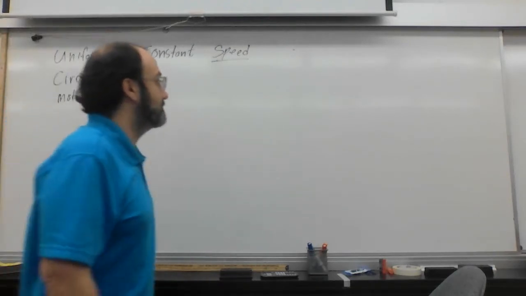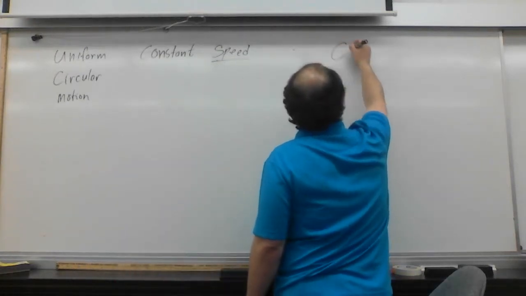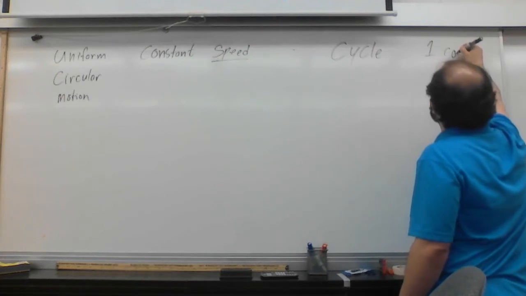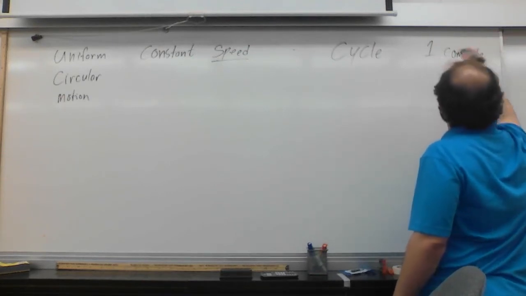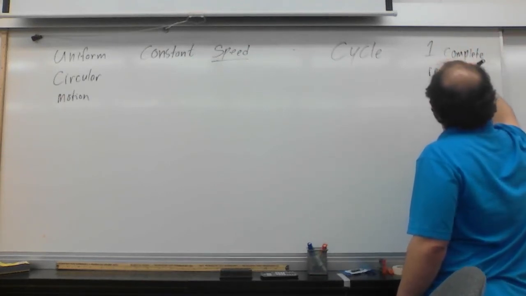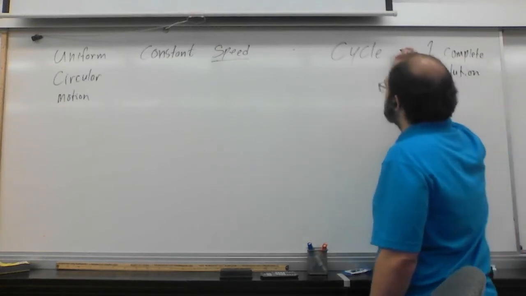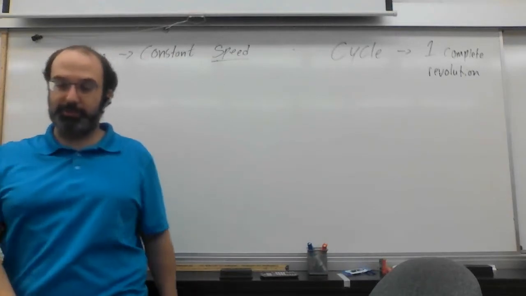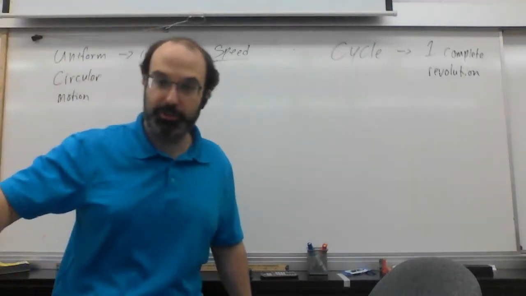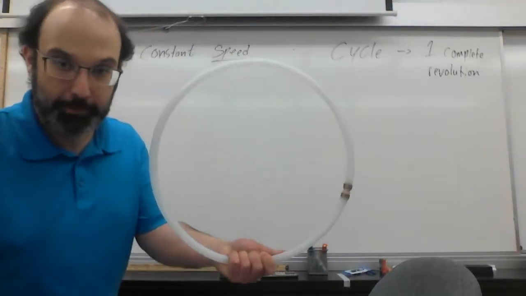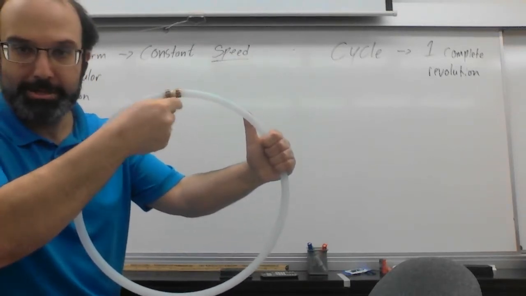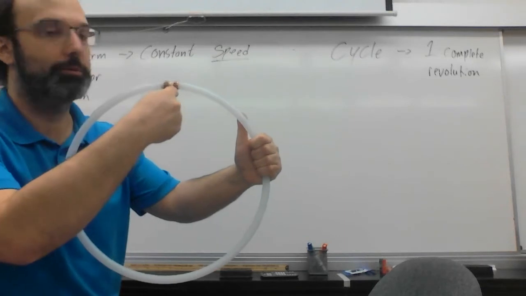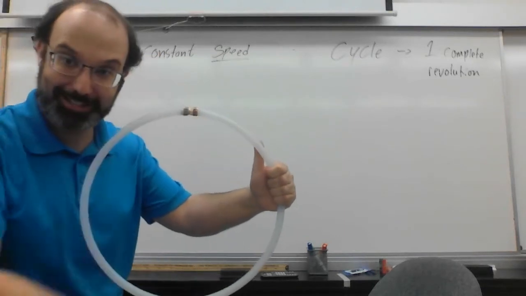The other thing that we have to understand when it comes to circular motion is the idea of a cycle. A cycle is one complete revolution. So, what do I mean by one complete revolution? Well, with this wonderful circle I keep holding up, I start right here, and I go around the circle, right back to where I started. That is a complete revolution.